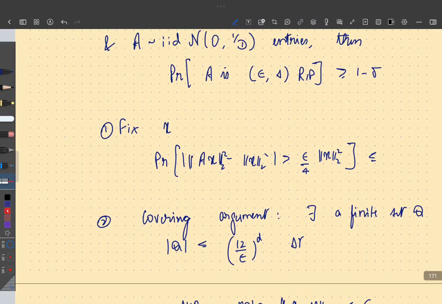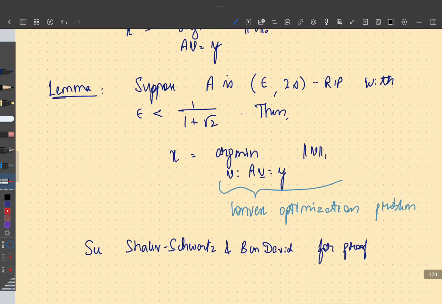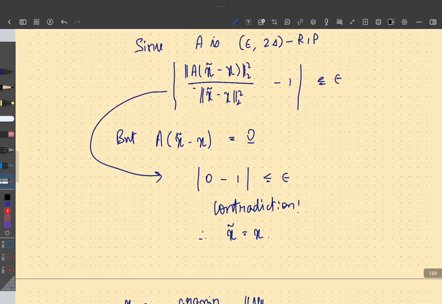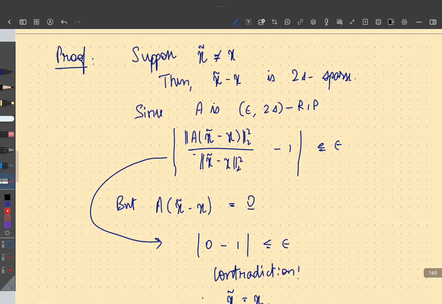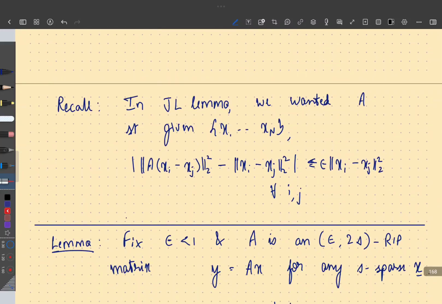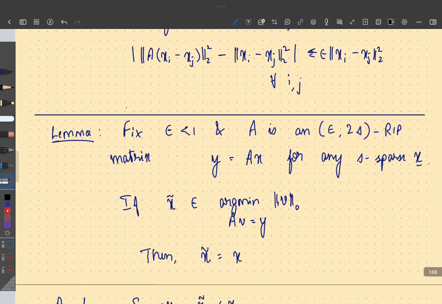All right, and this is in the case where you want to recover x exactly. Now, there's a whole sub-branch of compressed sensing where you're not really given y equal to A times x, but maybe what you have is y equal to A times x plus some small amount of noise.